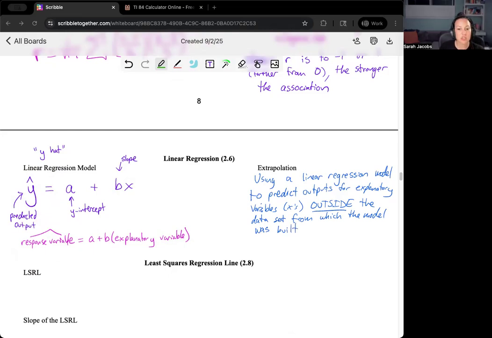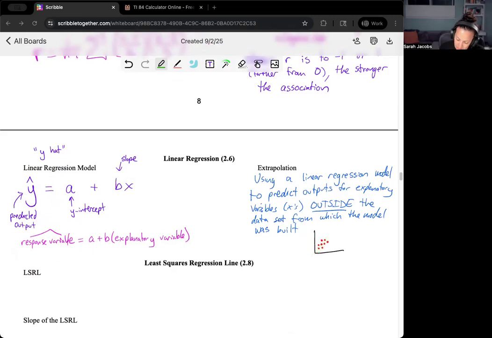So what does that actually look like? If we think about a little graph here, and let's say we have a bunch of data here, right? It's all in a line. It's reasonable to say, okay, here's my line of best fit.